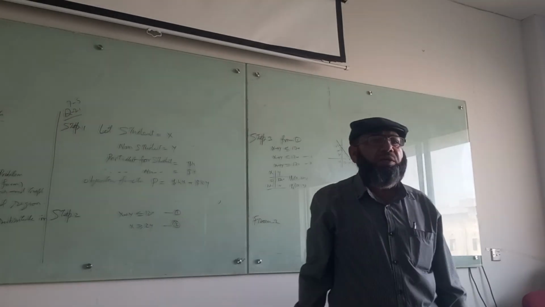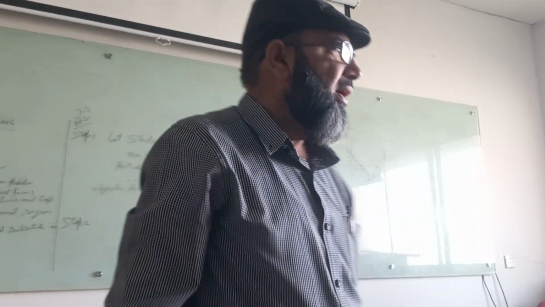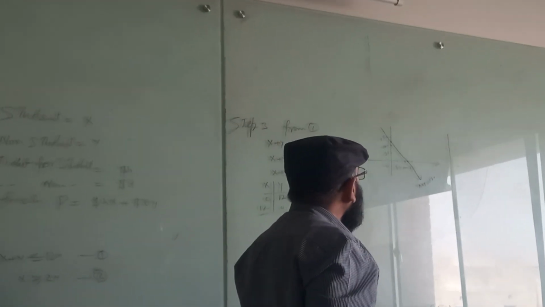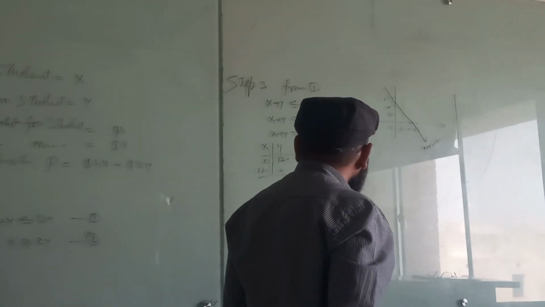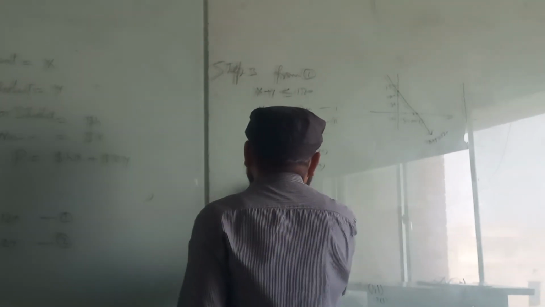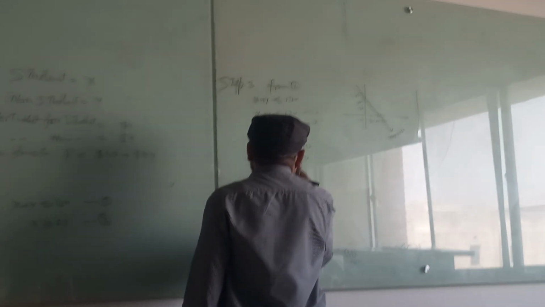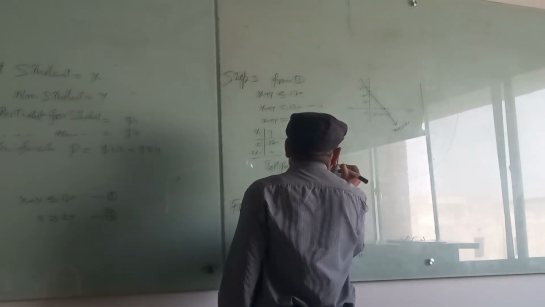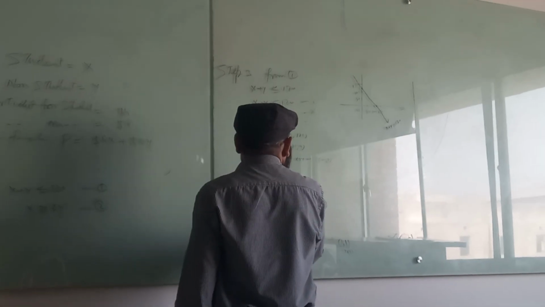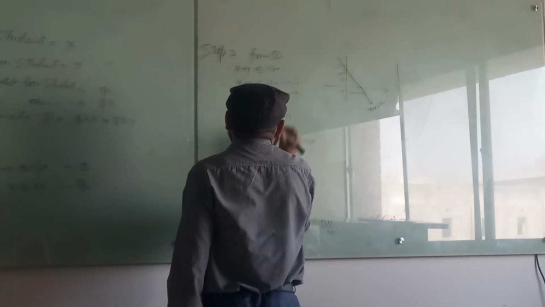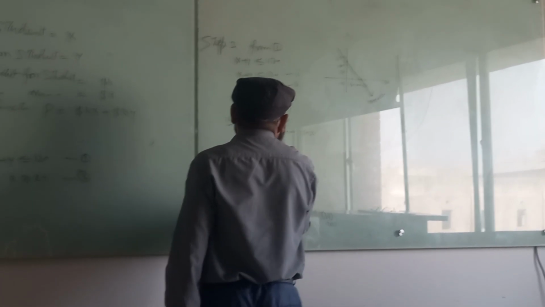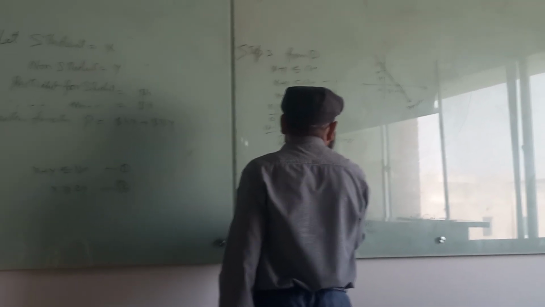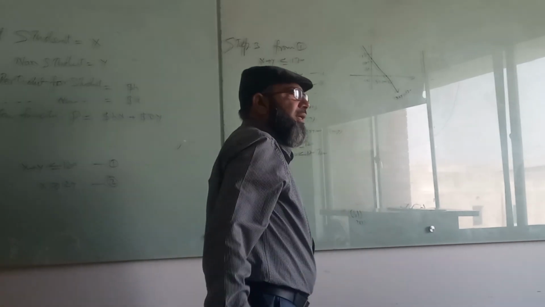Okay. For the shaded area or bounded region, to see whether it is open or towards the origin or not, take a test point. Test point x, y equal to 0, 0. So here 0 plus 0 less than 120, 0 less than 120, true or false?